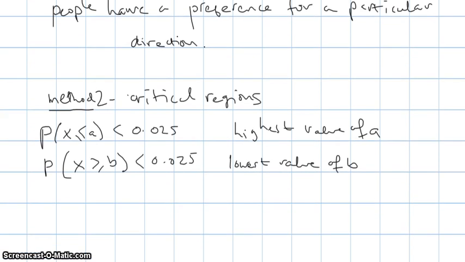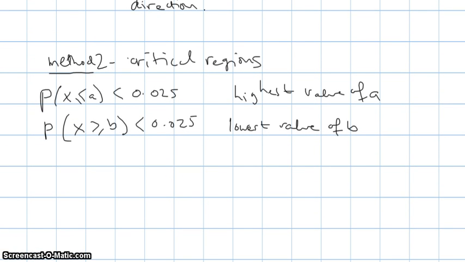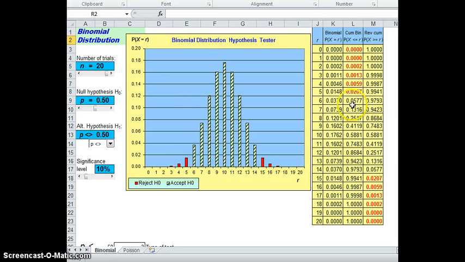So let's do part A first and go to the tables. We want a value on the lower end which is less than 0.025. We can see straight away that that's going to lie between 5 and 6.